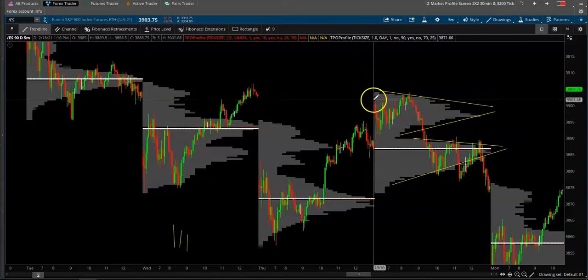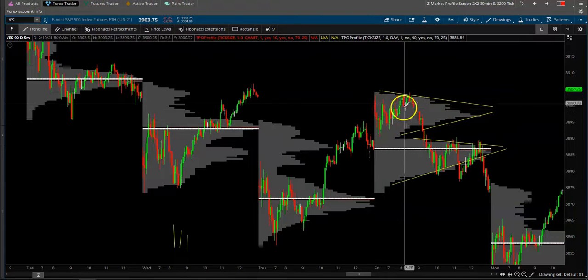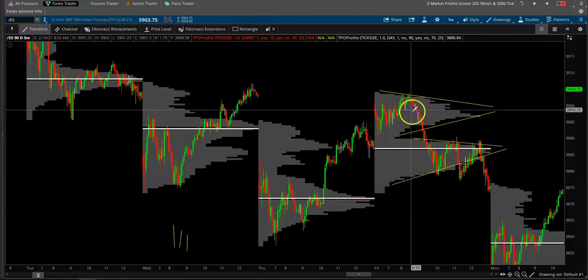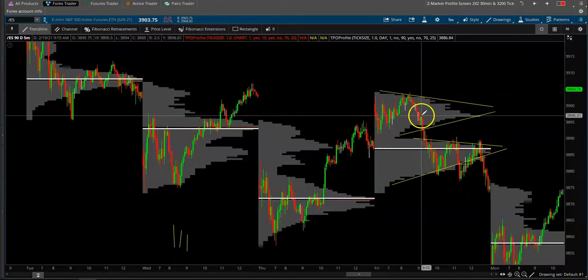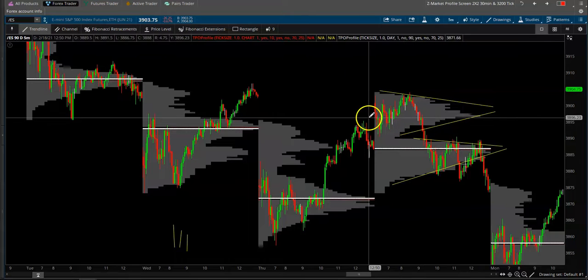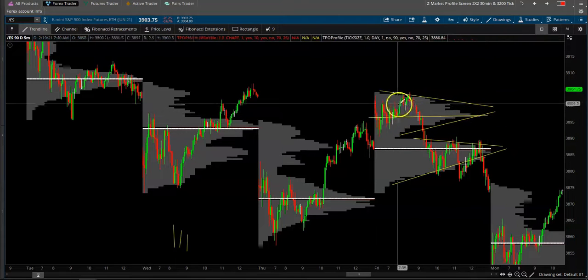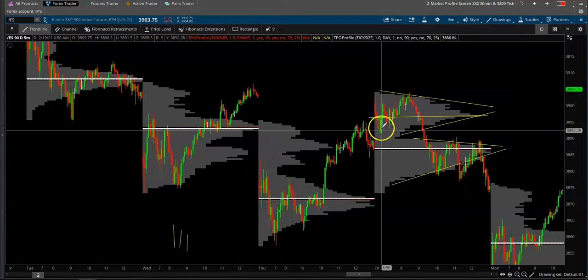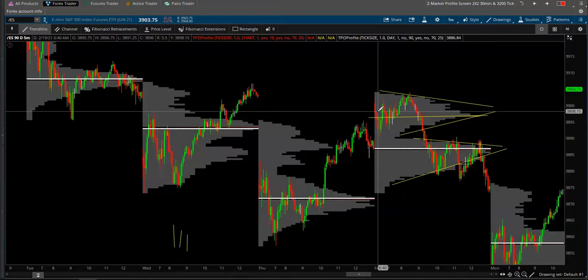So what happened was price opened, bounced around here, and started to fall. But while we were bouncing around in here, we started to build out volume. If we take a line like this, look at how many times we crossed the same line. Think of it as the reversion back to the mean.